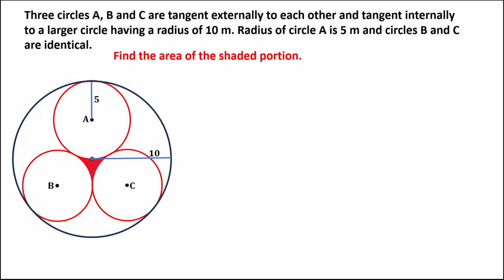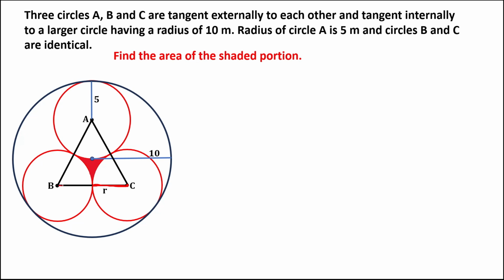So from this given, first, if we connect all the centers of the circles, we're forming a triangle. From circle C, from the center to any point of the circle, this one is the radius.